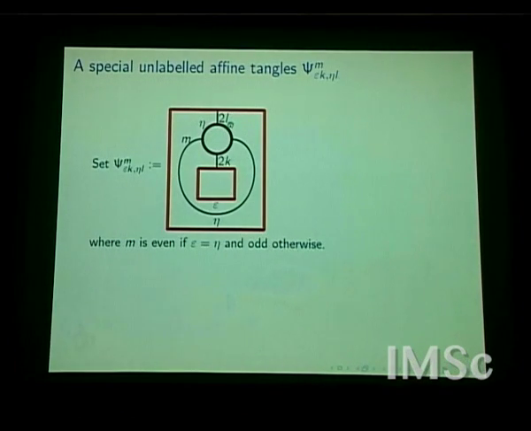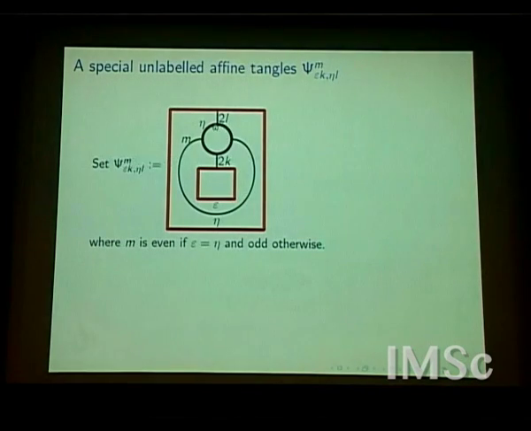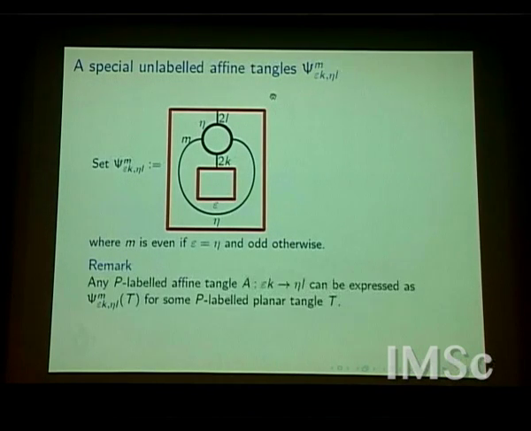So, that means that there are 2l many parallel strings here and 2k many parallel strings here, and you have m many parallel strings here, and you have an internal disk here which is unlabeled. Okay. Such a thing I will call psi super m epsilon k eta l. Epsilon k corresponds to the color of the internal rectangle and eta l corresponds to the color of the external rectangle.